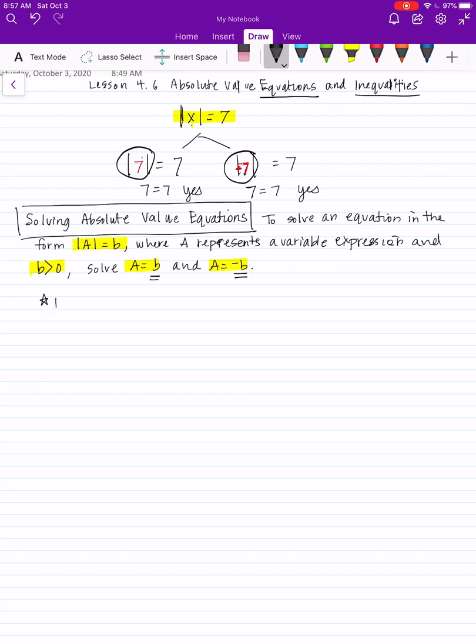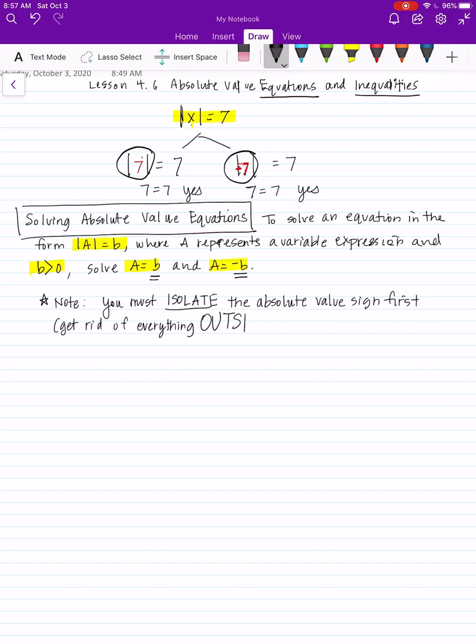Secondly, I'd like you to write down this note. This is going to be very important. Note, you must isolate, and I'm going to write it in great big capital letters so you remember, the absolute value, and I'm even going to underline it, the absolute value sign first, which means get rid of everything outside.